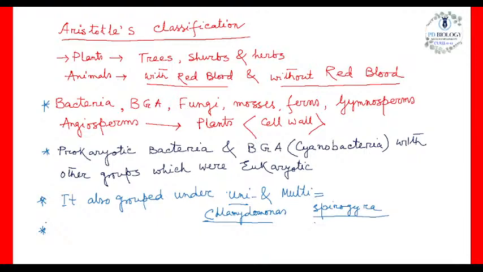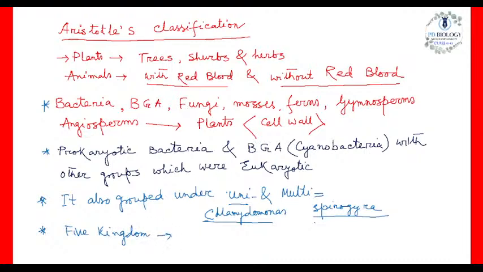So now the classification did not differentiate between the heterotrophic group fungi and the autotrophic green plants. So now after two kingdom classification, the three kingdom classification, then four kingdom classification, and lastly the most accepted one, that is five kingdom classification.